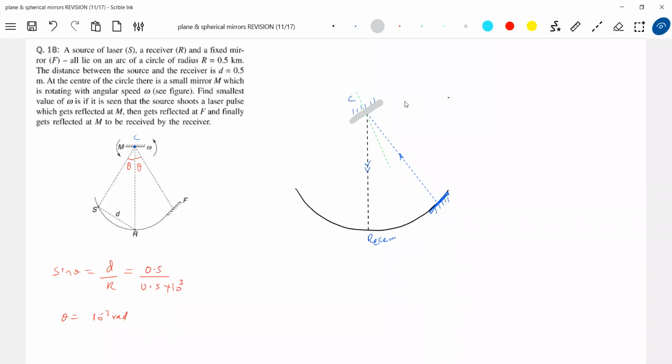Let's get into this one here. So now, what is it asking? The angular velocity is what is asked. So how much should the reflected ray rotate?